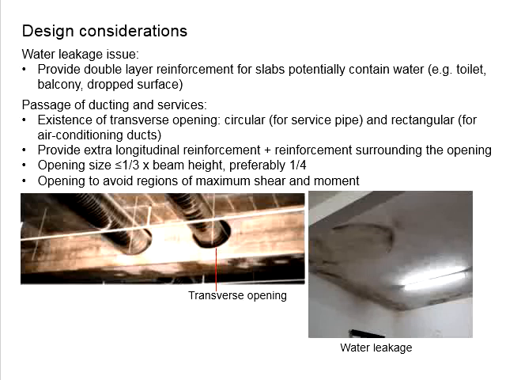Since we mentioned the transverse opening on the beam, there are also cases that you need to create openings through the slab. This is especially for the purpose that the ductings and services need to pass through different stories. With that, you should also provide the technical details allowing the contractors to provide the opening through the slab.